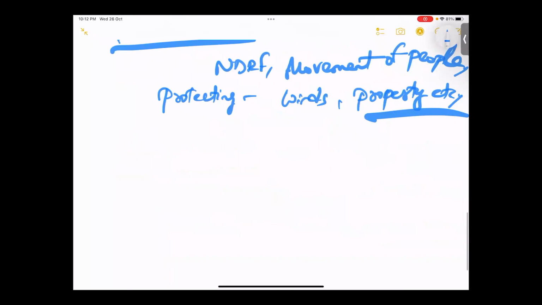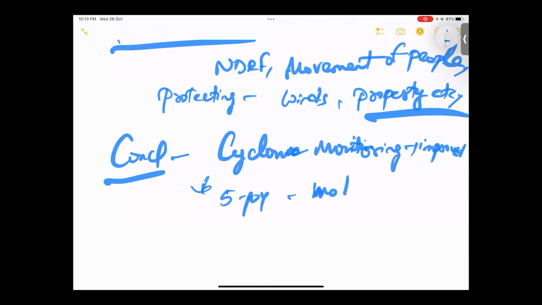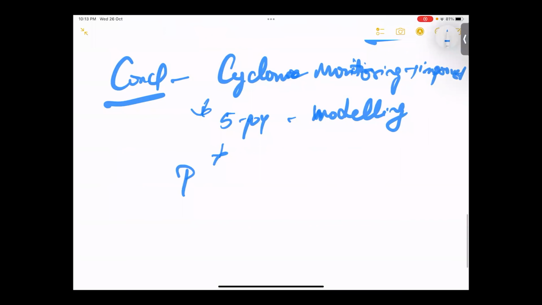Okay, so in the conclusion, you can write the cyclone monitoring mechanism has improved significantly over the last 5 to 10 years, including the modeling of cyclones. Today, we are in a much better position and preparedness is ensured in handling the cyclones.